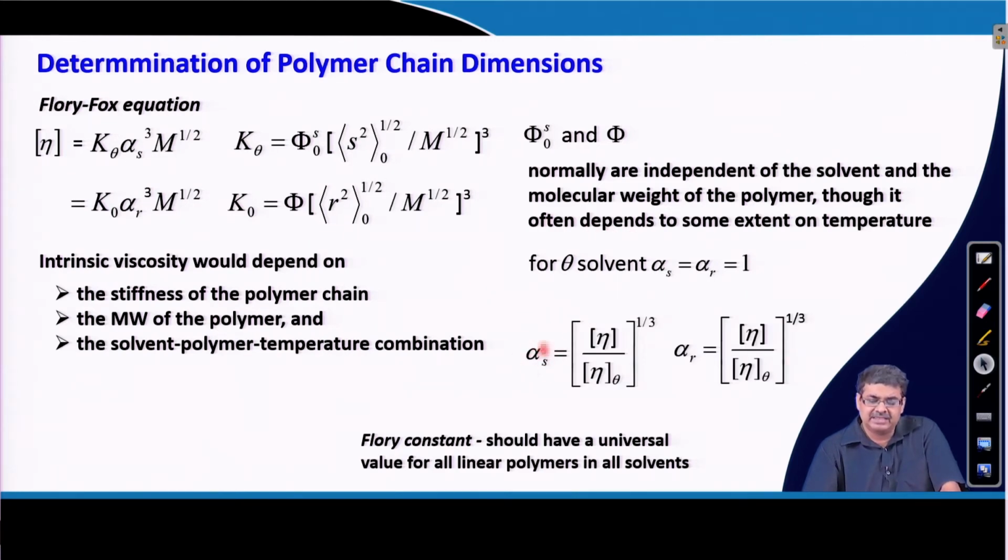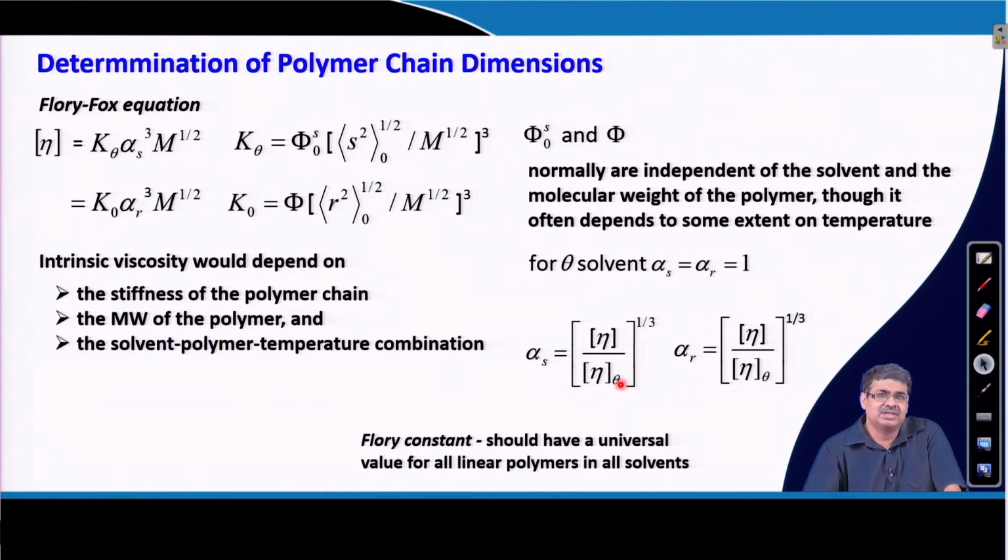Hence, this expansion factor can be obtained by measuring the intrinsic viscosity for any particular solvent and the intrinsic viscosity in theta solvent. Remember, I have just given an example that acetonitrile is a theta solvent for PMMA at 30 degrees centigrade.